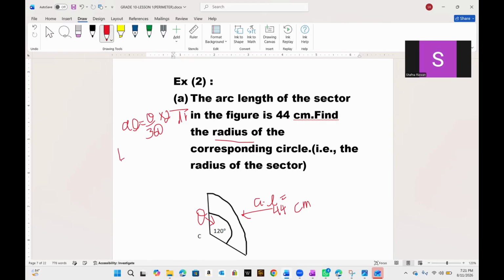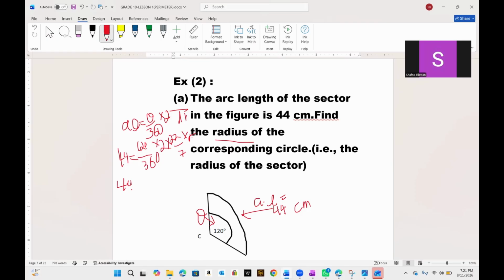That is 44 centimeter equals, how much is your angle at the center? 120 degrees over 360 into 2 into 22 over 7, which is your pi, into what's your radius? You don't know, so keep it like it is. And then what can you do here?